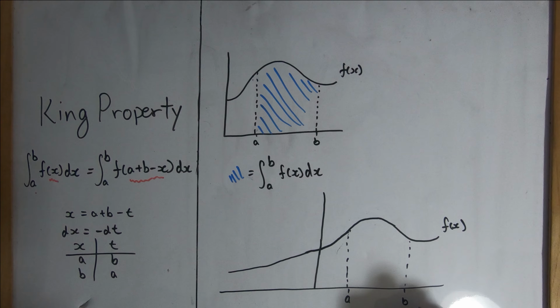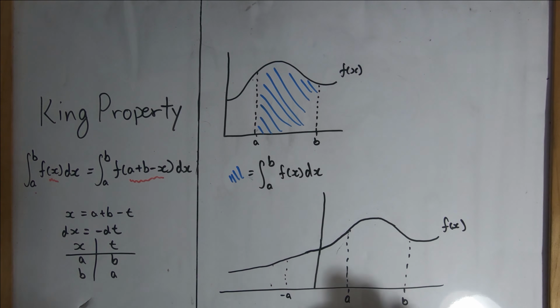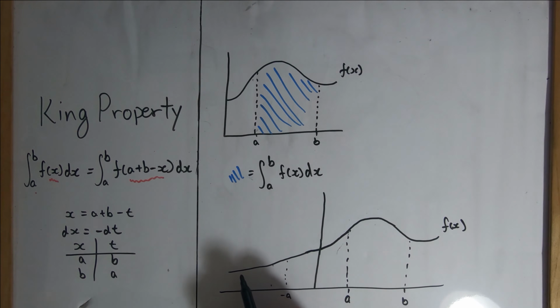If you recall, changing what's inside the parentheses of the function either translates, stretches, or reflects the curve. For simplicity, first let's consider the graph of f of a plus b plus x. This is simply a translation a plus b to the left.